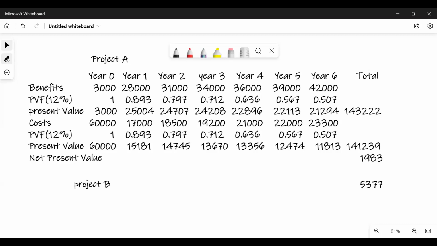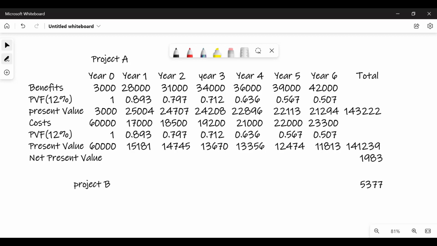I think that's all I have for today. What you need to remember about net present value is a few things. We use net present value analysis to provide a solution for ROI, return on investment, because it does not consider the timings.